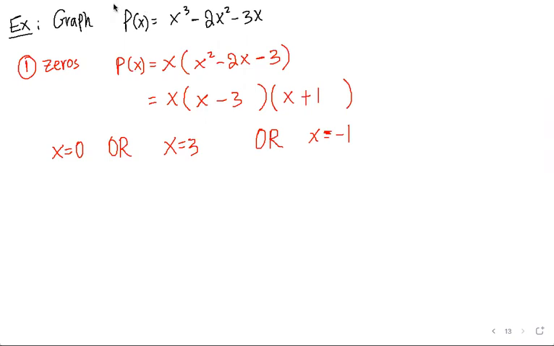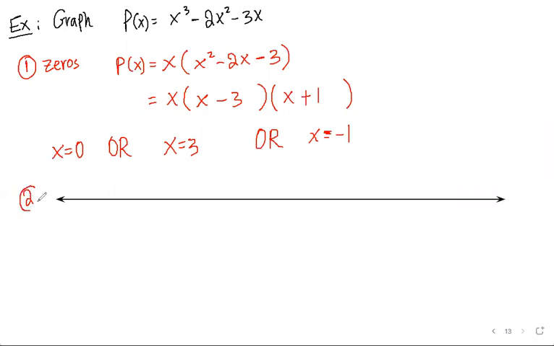Now we have to draw the line. This is the second step, my real line, and I have to put the zeros on this real line and check points. The zeros are 0, -1, and 3. Pick any element between 0 and 3.